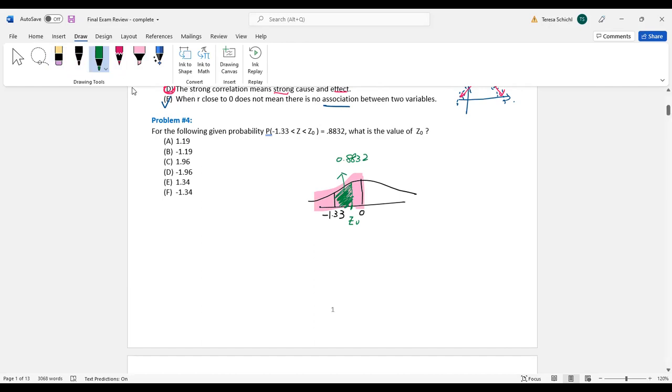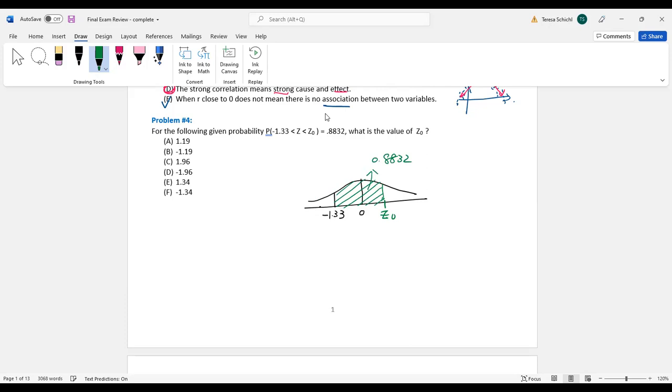So I know Z0 cannot be on the left-hand side of zero, right? So that means my Z0 has to be in here, right?